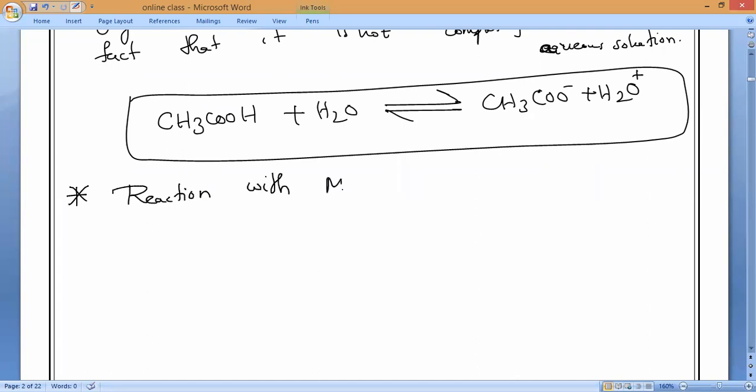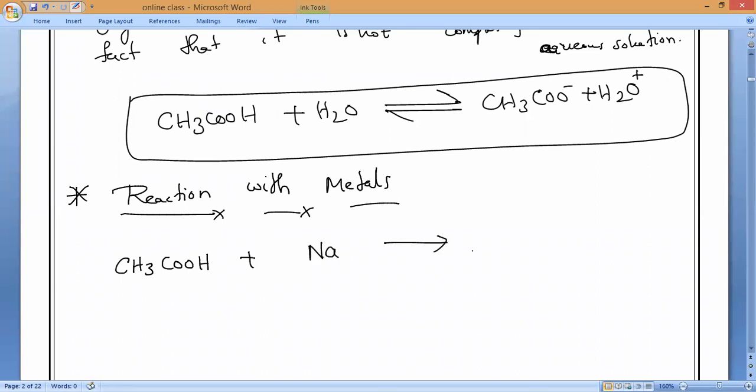What will happen? Ethanoic acid, CH3COOH, reacting with, for example, sodium, a more reactive metal. What will come? Sodium acetate plus hydrogen gas.